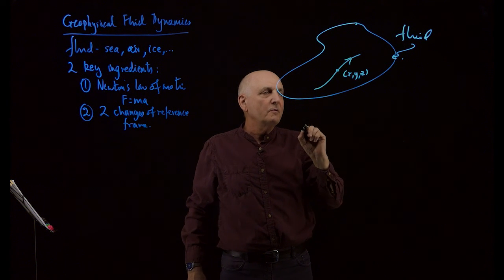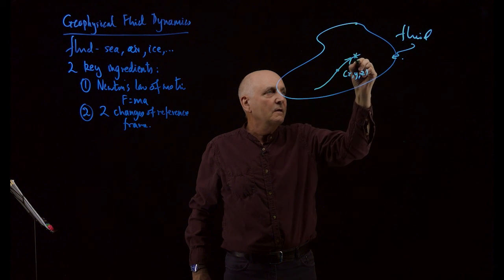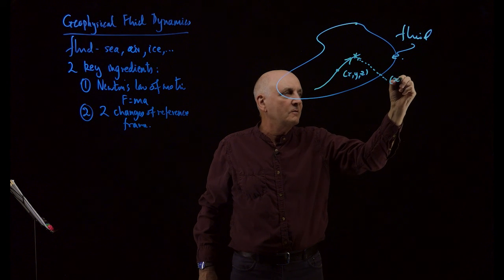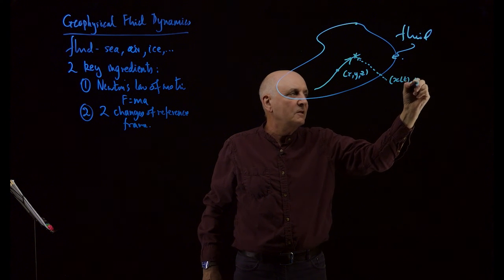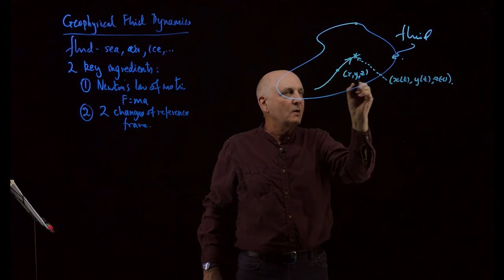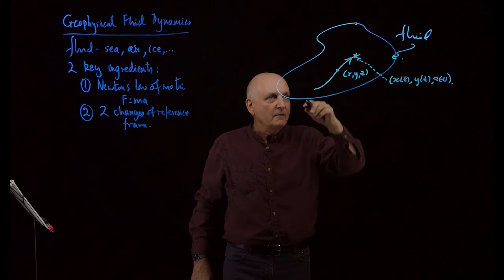So this may be the fluid particle at time 0, and then up here, that may be the fluid particle at time t. So you would think of that perhaps as x of t, y of t, z of t. So x, y, z here is where you just put in t equals 0.